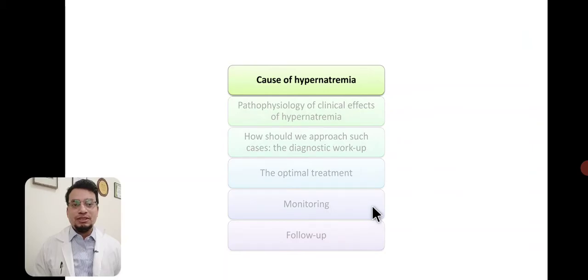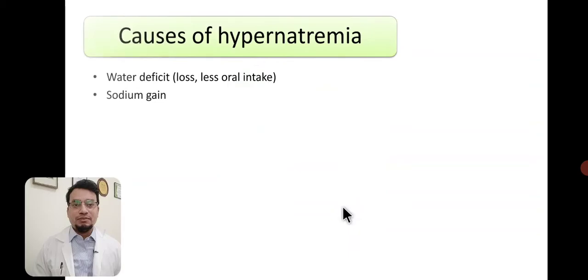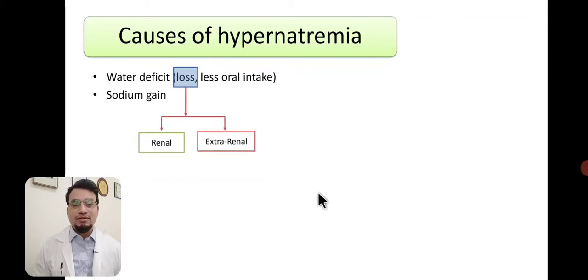So what are the various causes of hypernatremia? The causes of hypernatremia are classically divided into water deficit and solute gain. Solute in this case is sodium, the sodium gain. The water deficit is the most common cause of hypernatremia, in which the loss of free water can be by renal or extrarenal mechanism.